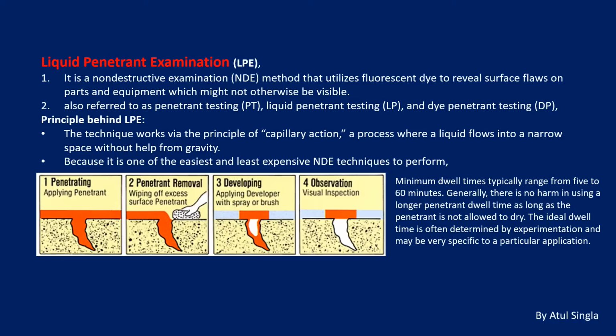It is also referred to as penetrant testing (PT), liquid penetrant testing (LP), and dye penetrant testing, that is DP. So we know this examination by three different names: penetrant testing, liquid penetrant testing, and dye penetrant testing.